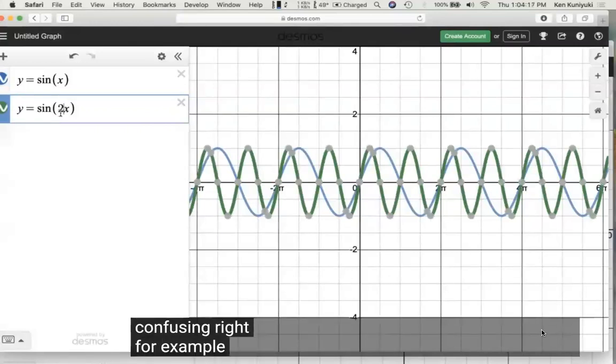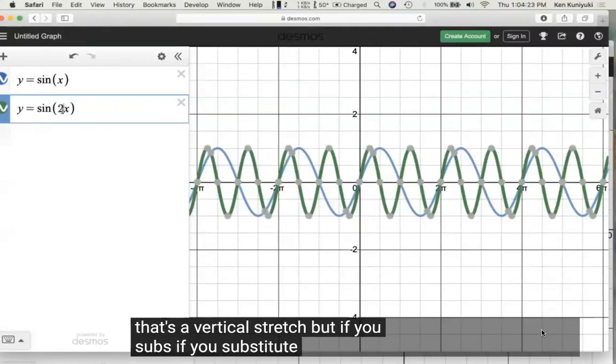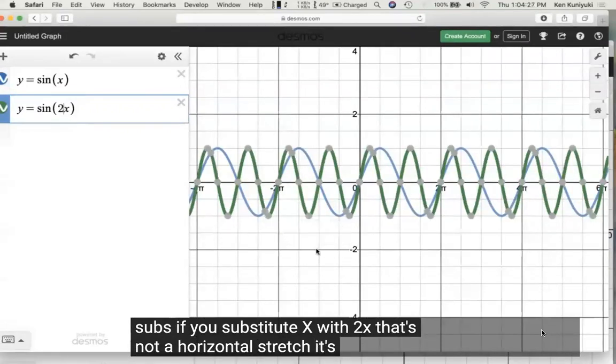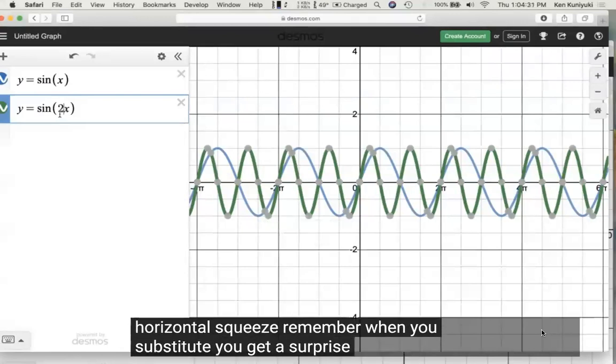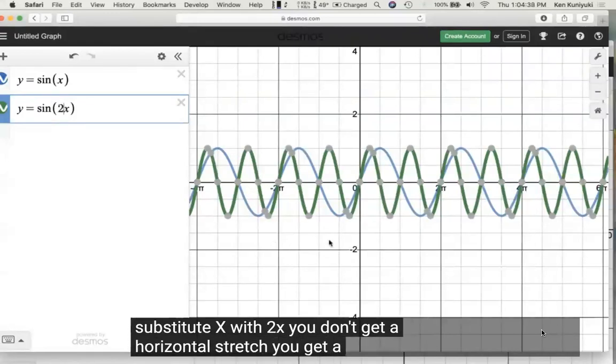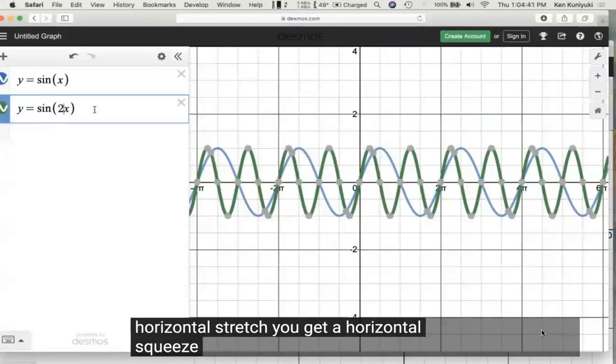Normally if you stick in a 2 in front, that's a vertical stretch. But if you substitute x with 2x, that's not a horizontal stretch, it's a horizontal squeeze. Remember, when you substitute, you get a surprise.